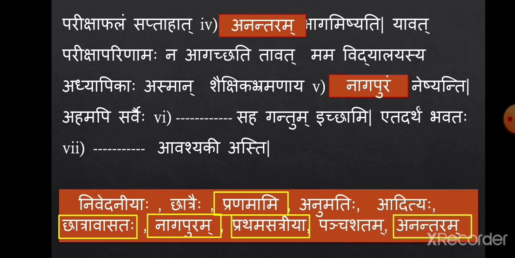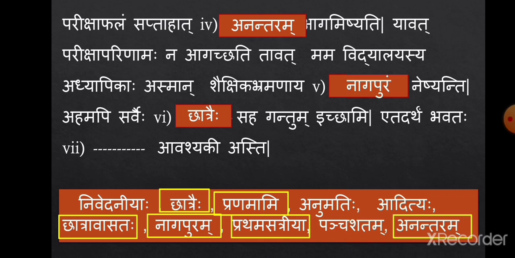Ahamapi sarvaihi dash sah gantumichhami. I too want to go along with all the students. And the missing word is with all the students. Ahamapi sarvaihi chhatraihi sah gantumichhami. Etadartham bhavatah dash avashyaki asti.